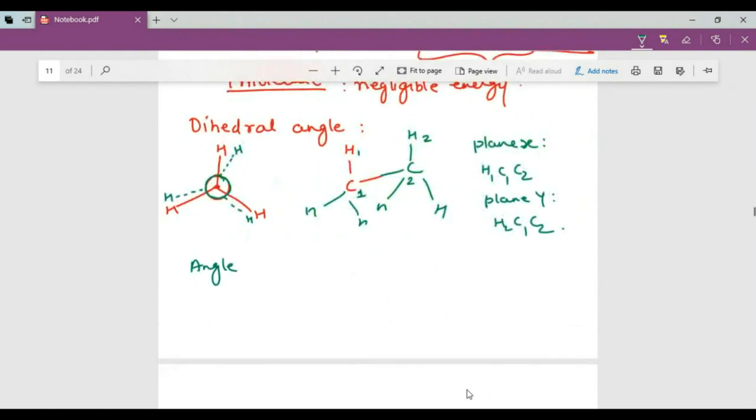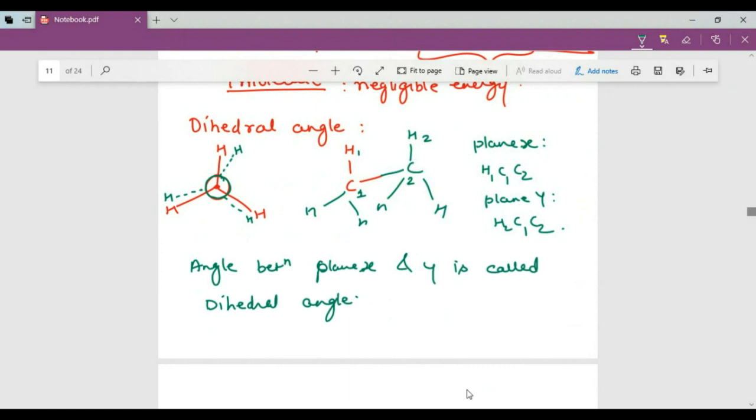The angle between plane X and Y is called the dihedral angle. Okay, the angle between these two is called the dihedral angle. Is that okay?